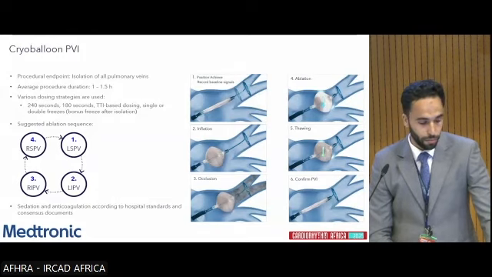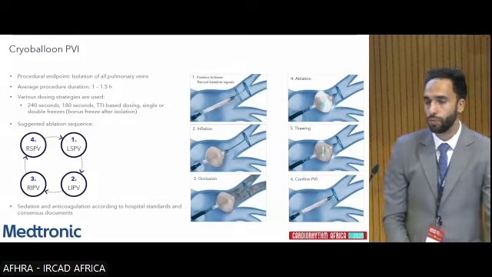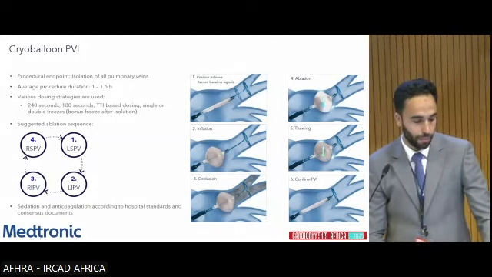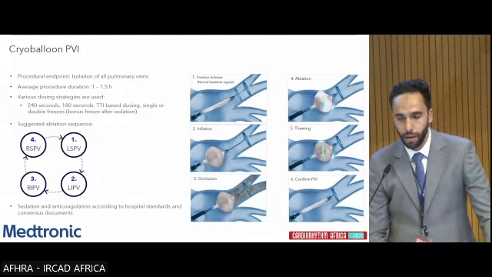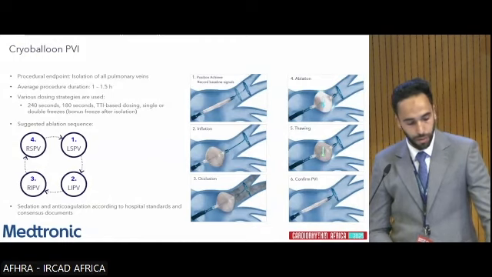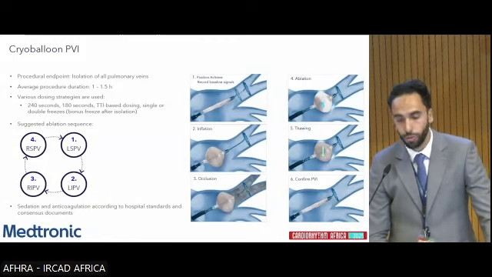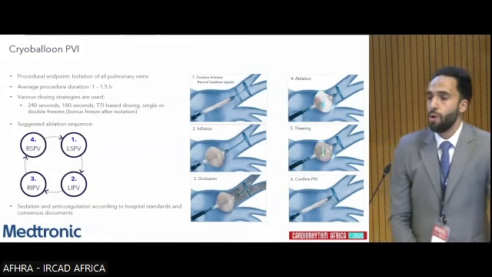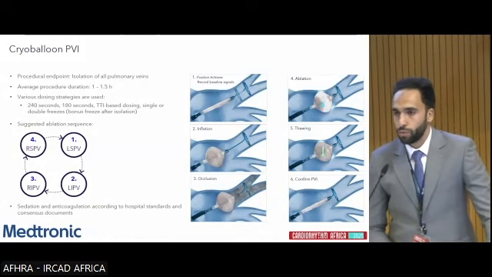This sequence helps prevent phrenic nerve injury, because the most common pulmonary vein where you can injure the phrenic nerve is the right superior pulmonary vein. So we prefer to ablate it at the end of the procedure.